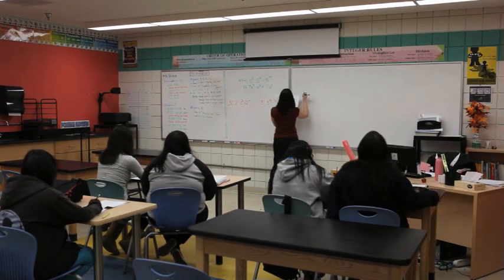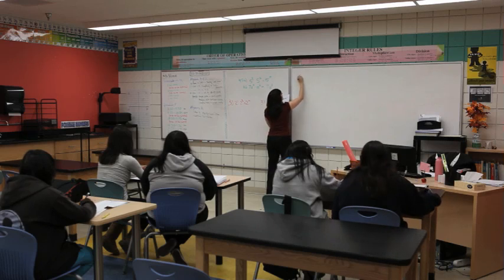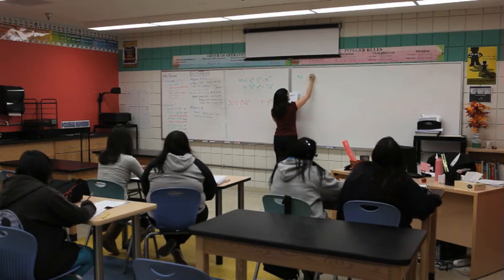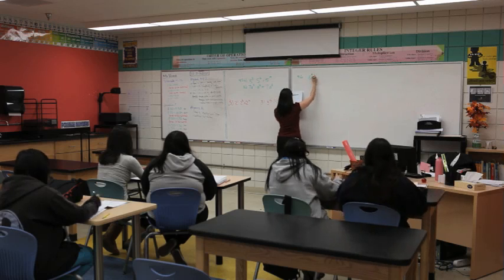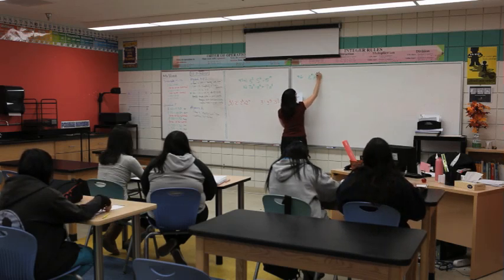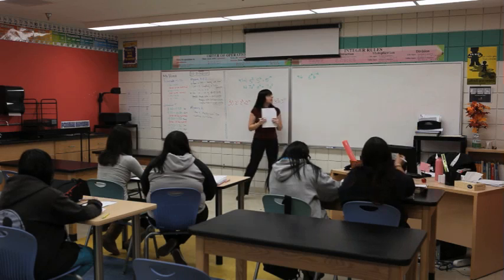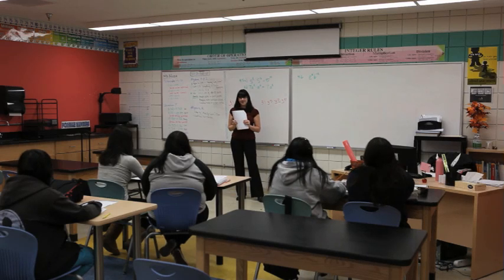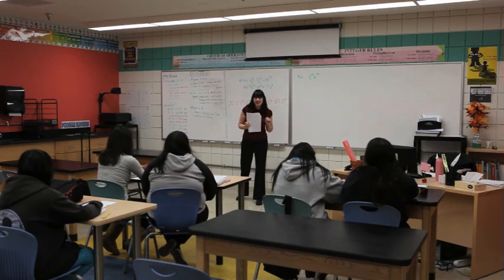Okay, so the example we have for 4.6 is 8 to the 0 power times b to the negative 5. Anyone remember what happens when you have a negative exponent? Does the answer come out negative?